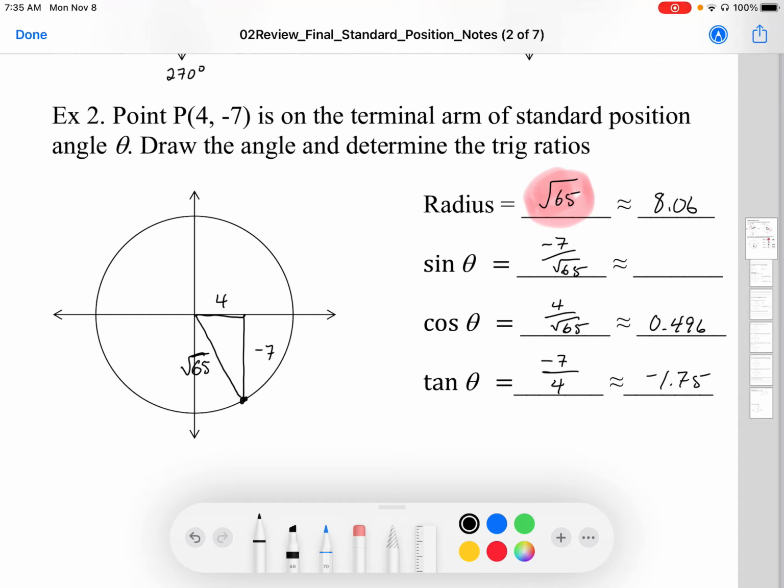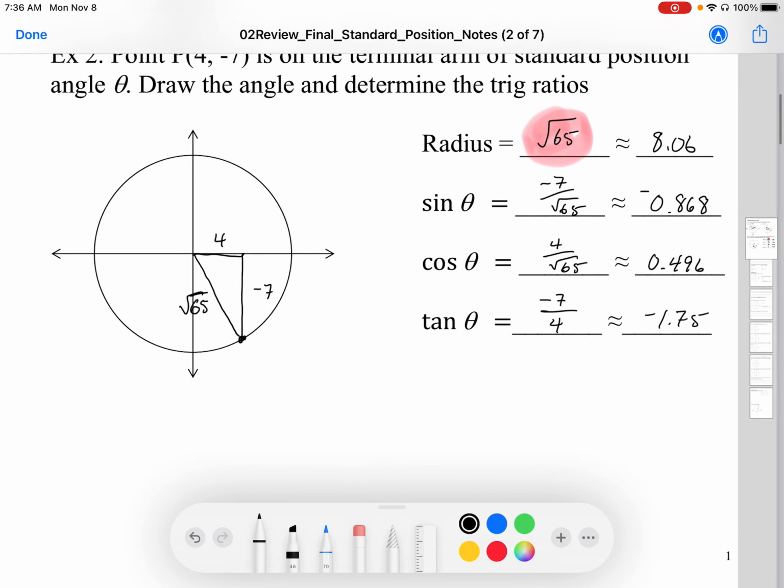And then -7 divided by √65 is going to give us -0.868. So about 87% of the length of the hypotenuse is going to be represented by that vertical y positioning.